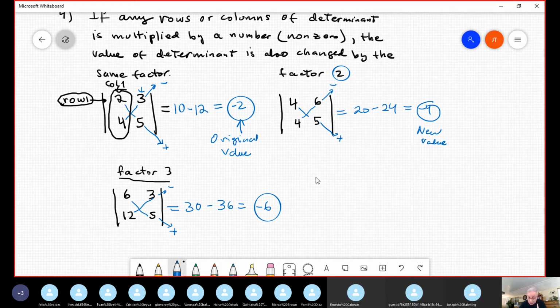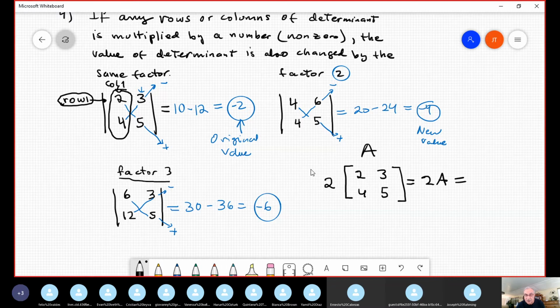This is confusing, at least for me, because at one moment I explained to you, for example, you have a matrix, it's different to determinant. It's important to warn you about this idea. Suppose I multiply by 2. This matrix multiplied by 2. This matrix I call capital A. This is 2A, no? And 2A is equal to 4, 6, 8, 10.